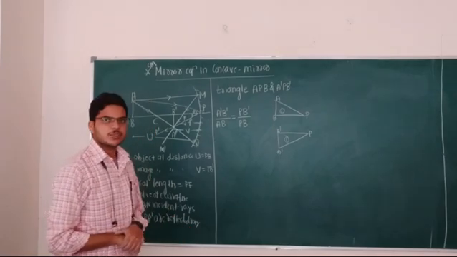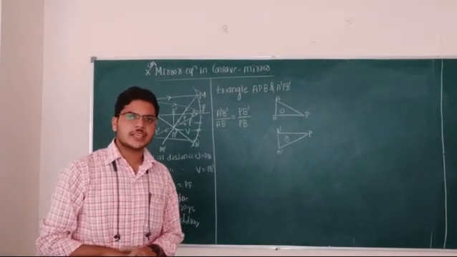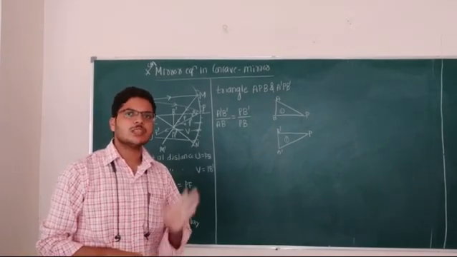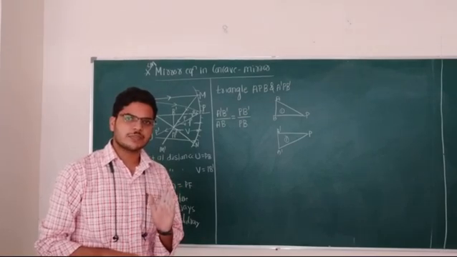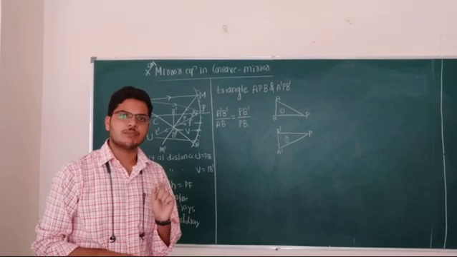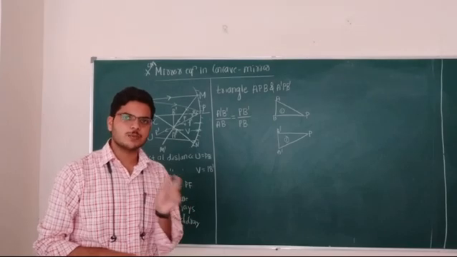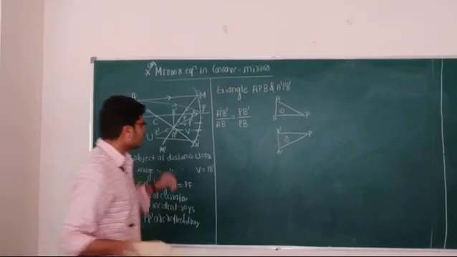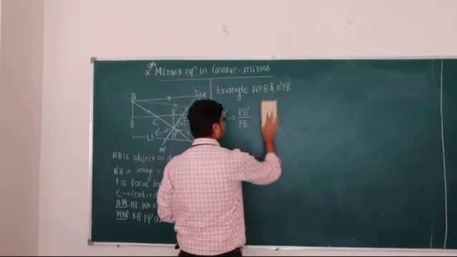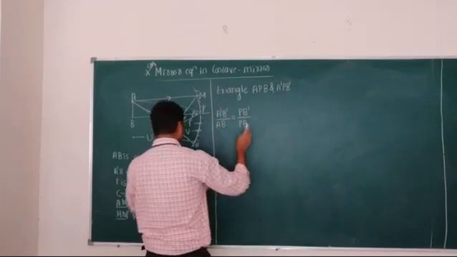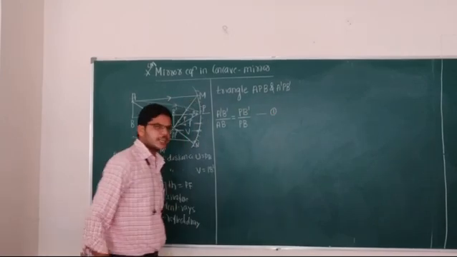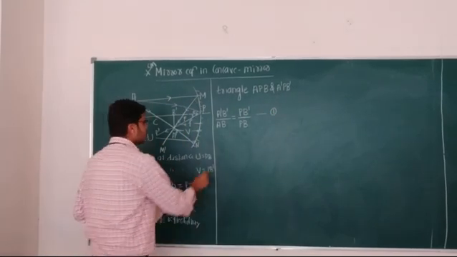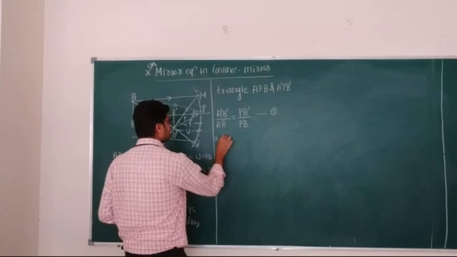Is it clear? Here we must take the distance PB, not BP, because all distances must be measured from the pole. Therefore, I am taking PB instead of BP. This is about the first triangle. Now take this as equation number 1. Now consider the second triangle.